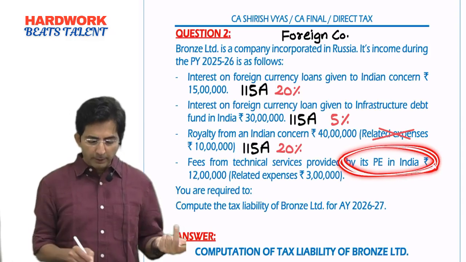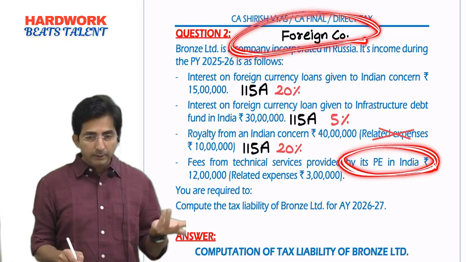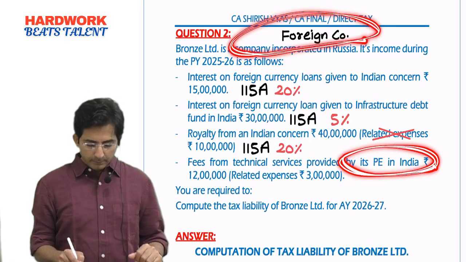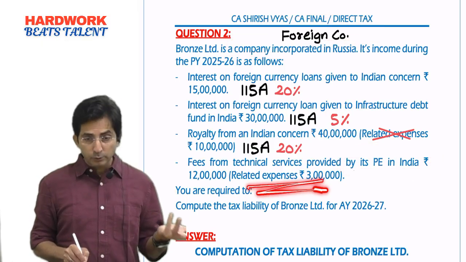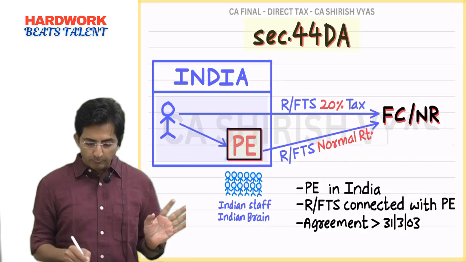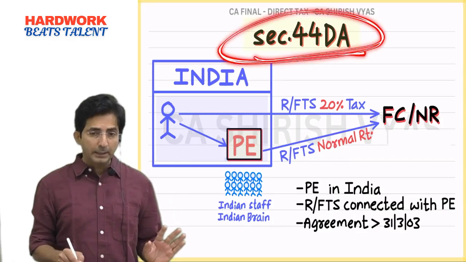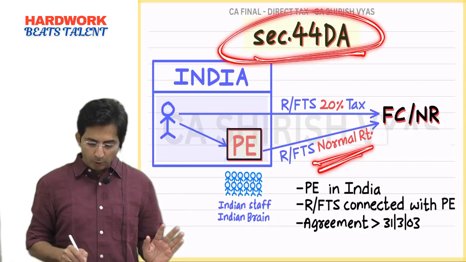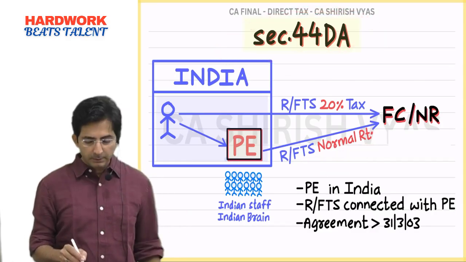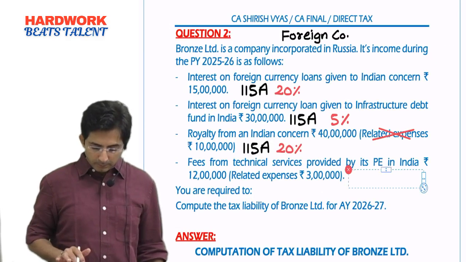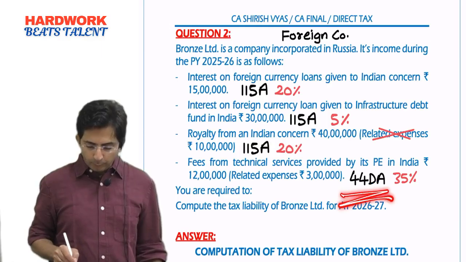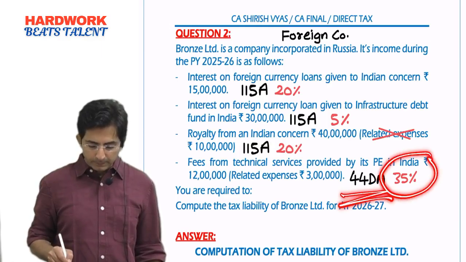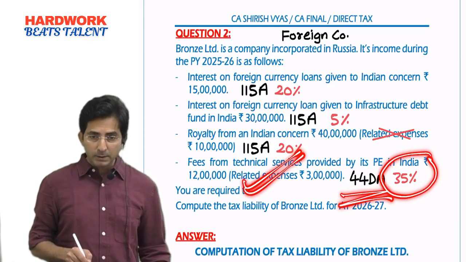What is the normal rate of tax for a foreign company? 35%, and expenditure deduction will also be allowed. If 44DA becomes applicable, you will be taxed at normal rate subject to all deductions. So what will you write? 44DA, normal rate 35%, and deduction of expenditure will also be allowed.